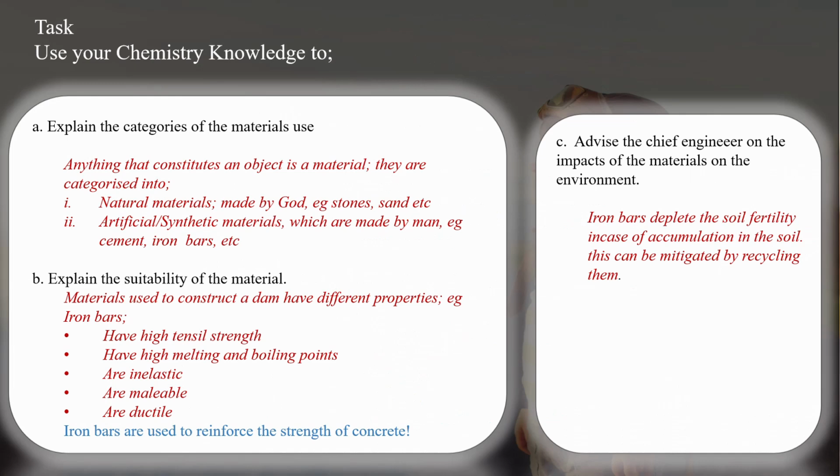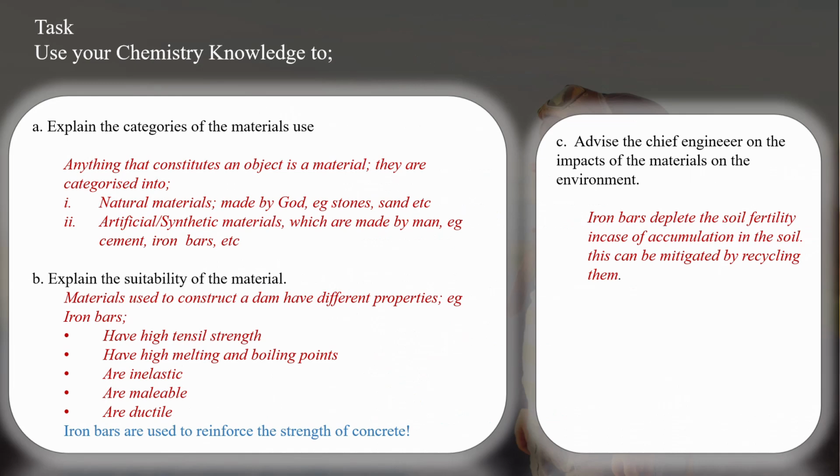So what else do we need to do? We have to give suitabilities of these materials. We give at least 4 suitabilities when responding to this. Then we give any one other use of the selected material that you have identified.